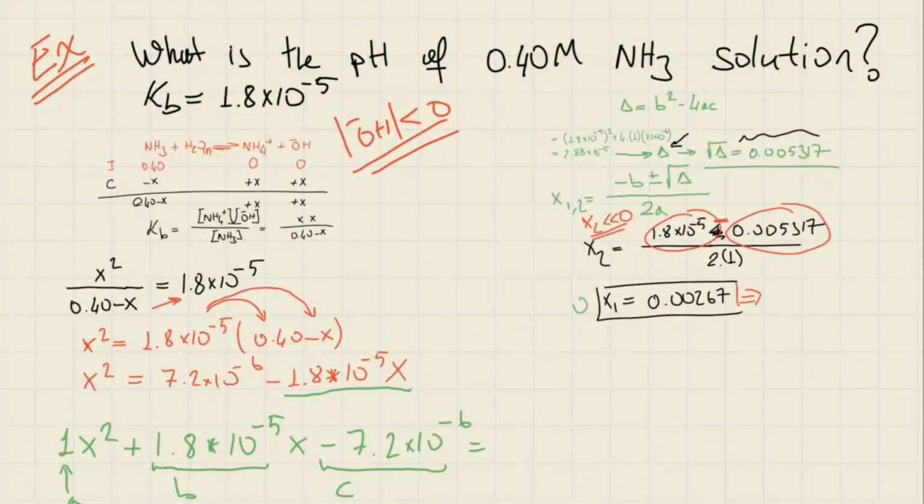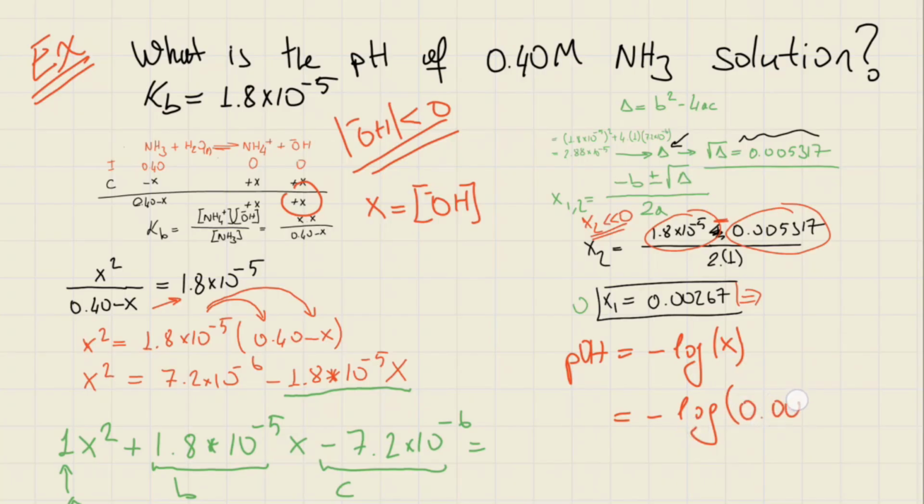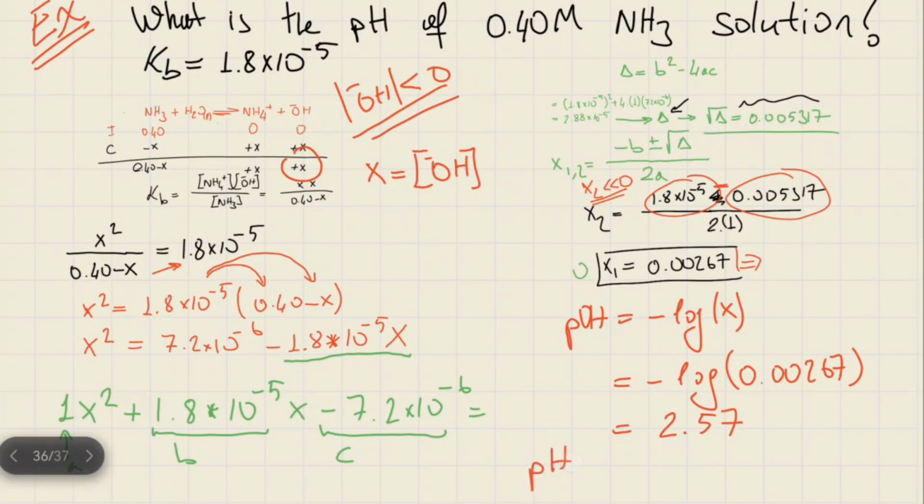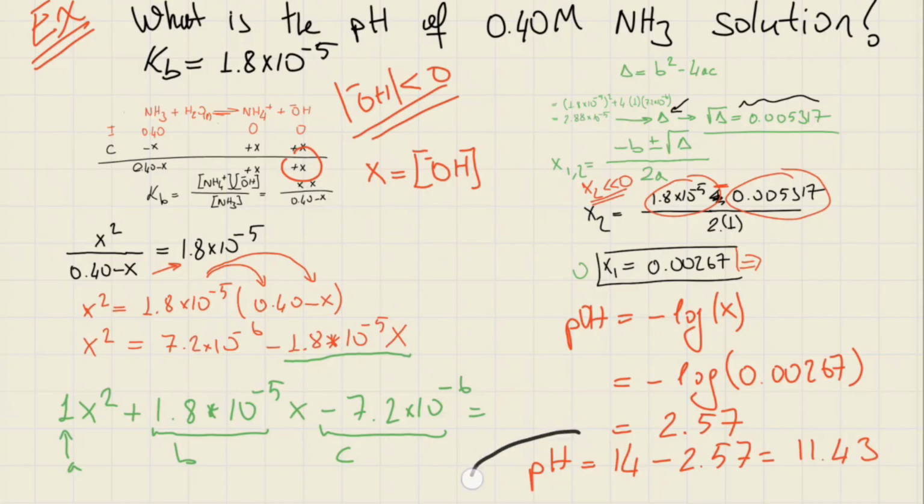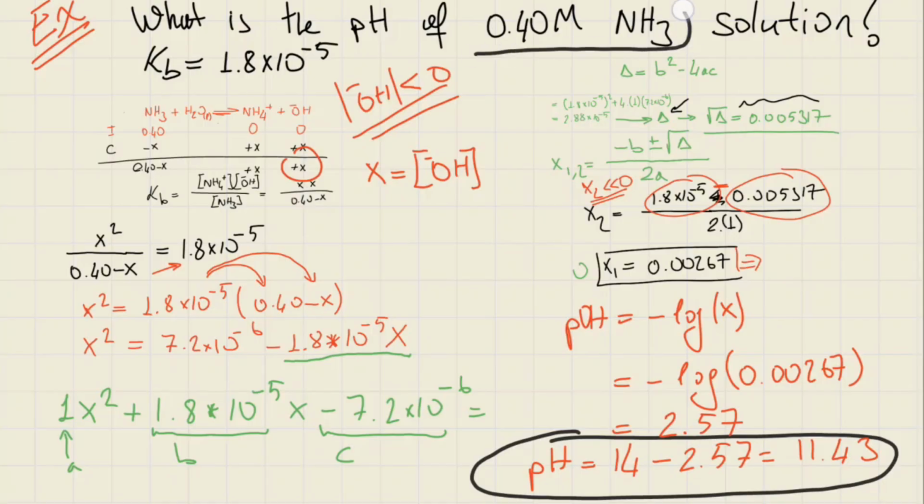Oh, sorry, the pOH. The pOH will be equal to minus log 0.00267, and it is equal to 2.57, and the pH will be 14 minus 2.57, which will be equal to 11.43. So this is the pH of this solution.